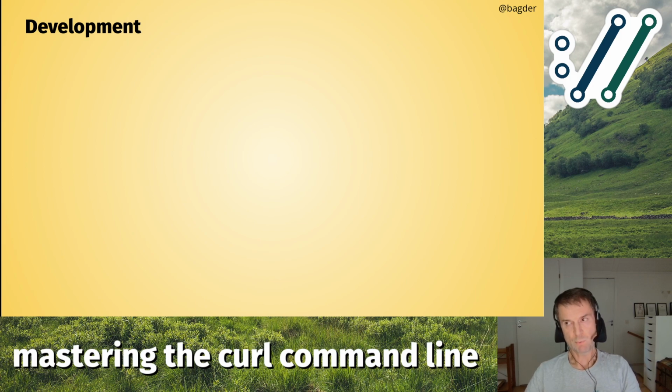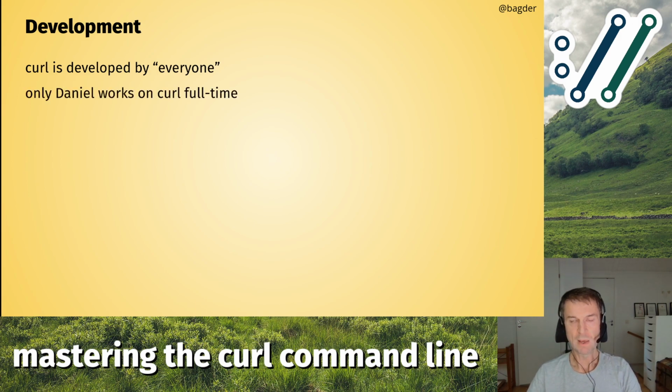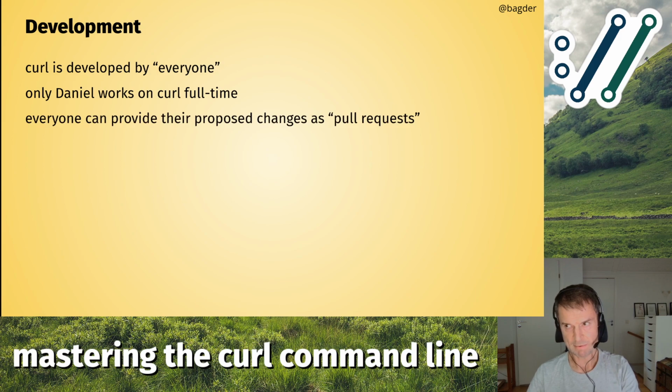The curl project is open source, and it means that it is developed by everyone, or everyone is encouraged and welcome to change, submit bugs and submit features and do anything. I'm the only one around in the project who actually works on this full time. So a lot of people are helping out for different reasons, paid by others in different ways. So anyone can provide their changes or proposals. There's no paperwork.